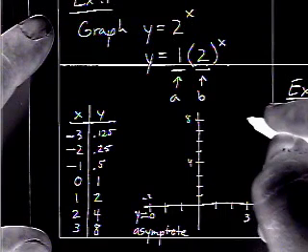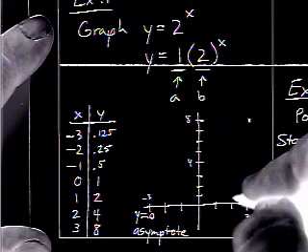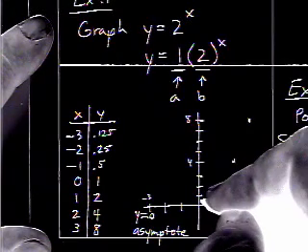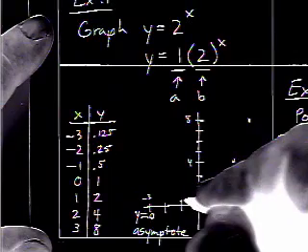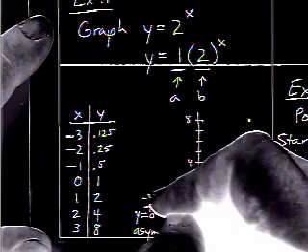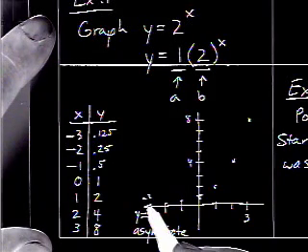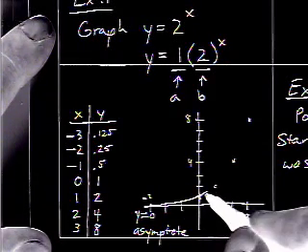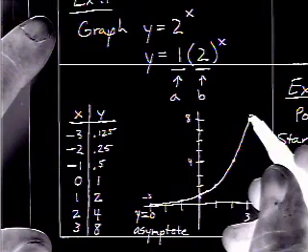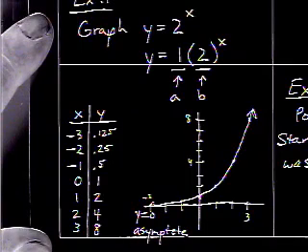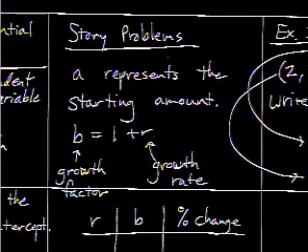Obviously, 3 giving me 8, that's an easy one to graph. 2 gives me 4, that's an easy one to graph. 1 gives me 2, easy, easy, not so easy, really not so easy, to graph these real low points to the x-axis. But that's exponential growth.